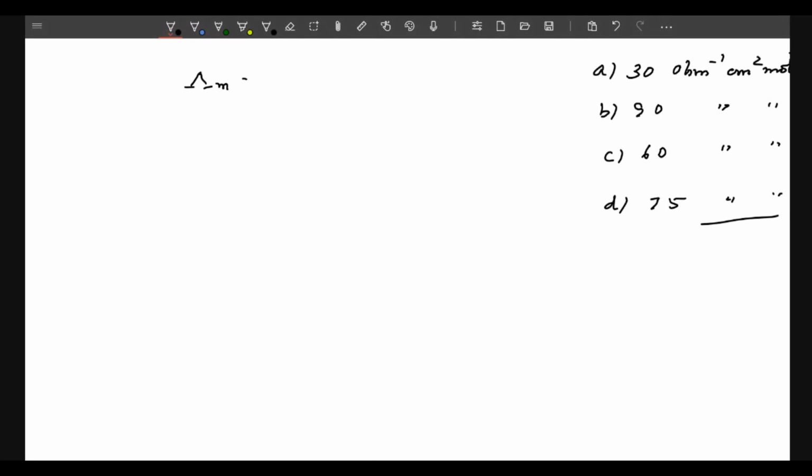Therefore, what is the formula to be used in this type of problem? Lambda M should be equal to kappa into 1000 by the molarity. That is one. Per mole, therefore we have given the molarity, you are in need of it, and the centimeter square.